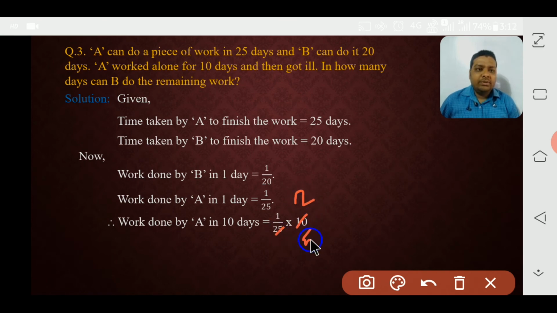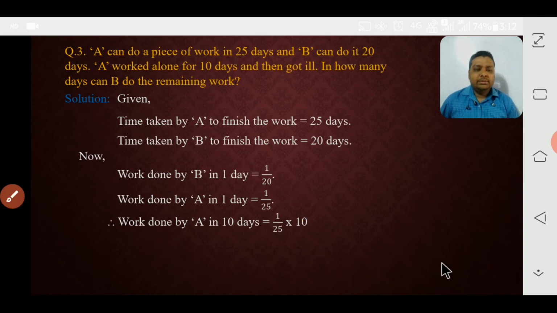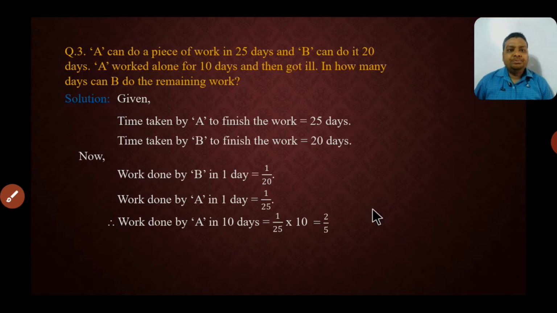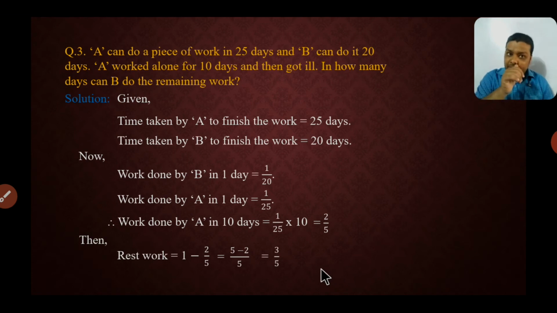It means it will be 2 by 5. 2 by 5 work he has already done. Now, what is the rest of the work? Let's find. Rest work is equal to 1 minus 2 by 5, that is 5 minus 2 by 5, that is 3 by 5. Now 3 by 5 work is left and this work has to be completed by B.